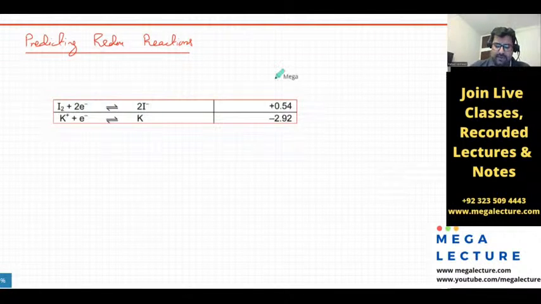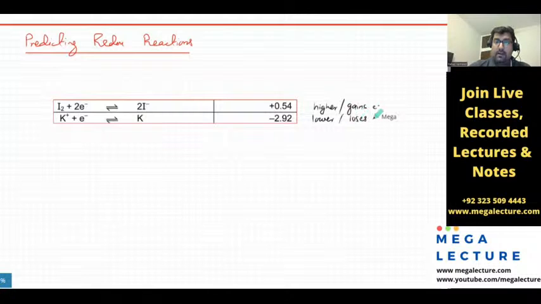So who's going to gain electrons? Higher potential gains electrons. So higher, that means it's going to gain electrons. This one is lower. This one loses electrons. So higher gains electrons.